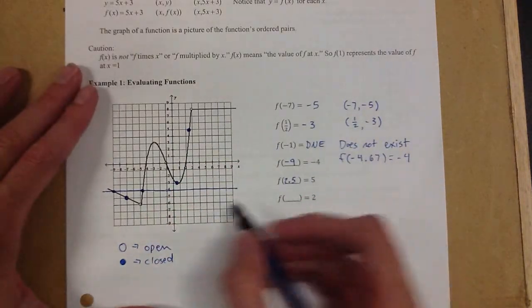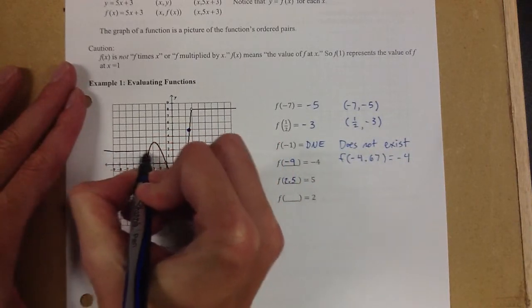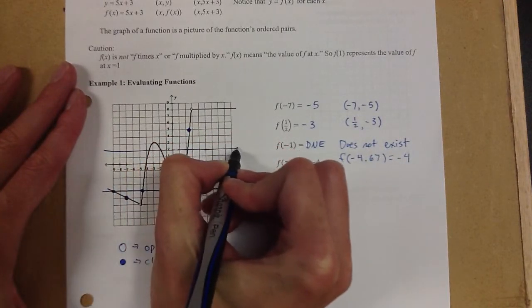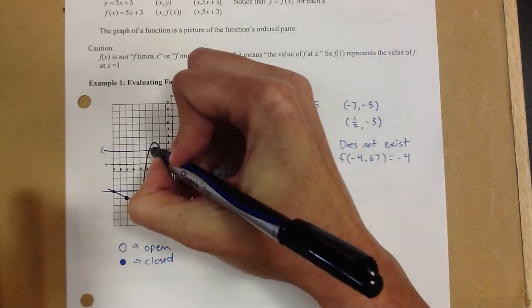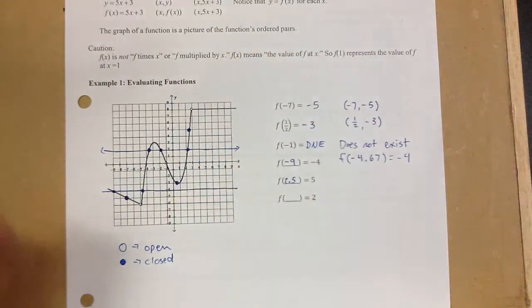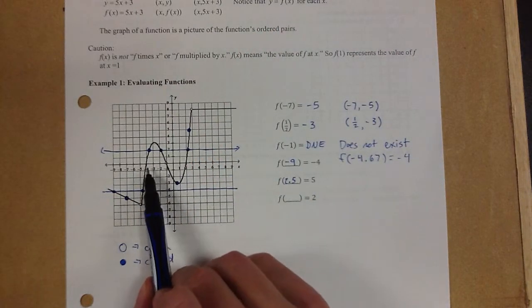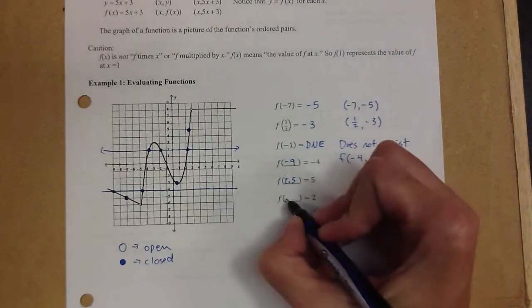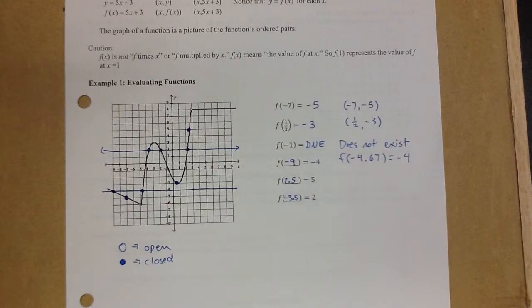Okay. So here I want 2. So here's 2. And we're going to use the numbers I make up this time. So we have 3 different x values where y could be 2. Right here, right here, right here. So this first one here, we're going to say we're at about negative 3.5. So that's our first one.